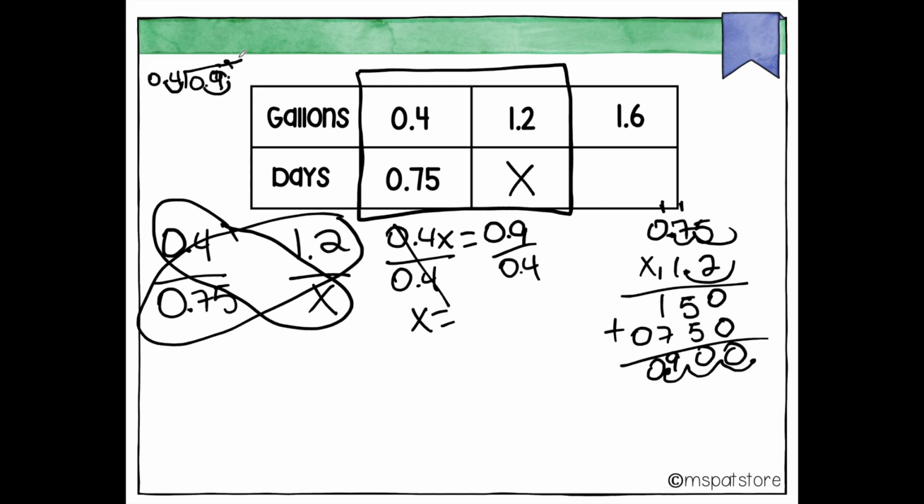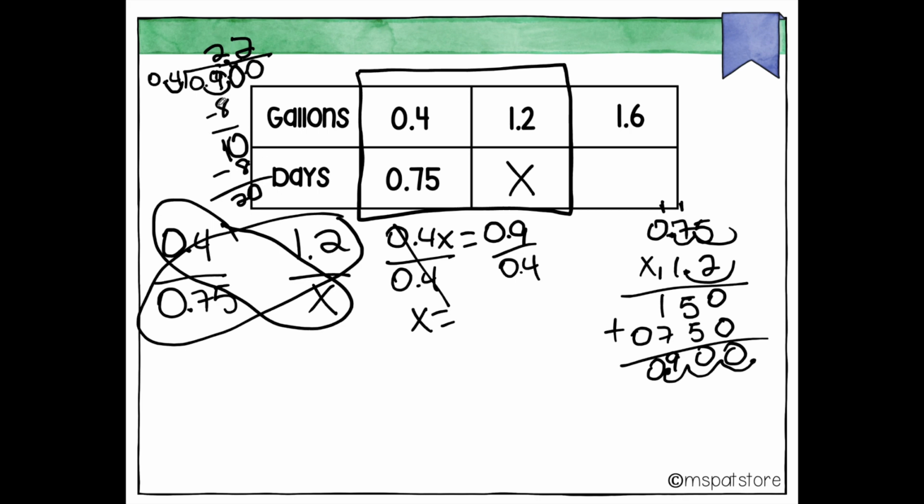So if you think about how many times does 4 fit into 9? Actually 2 times, because 4 times 2 is 8. 9 minus 8 is 1. I'm going to bring this invisible 0 that is here, I'm going to bring it down. 4 times 2, again, is 8. So now I have a 2, and I can bring down another 0.